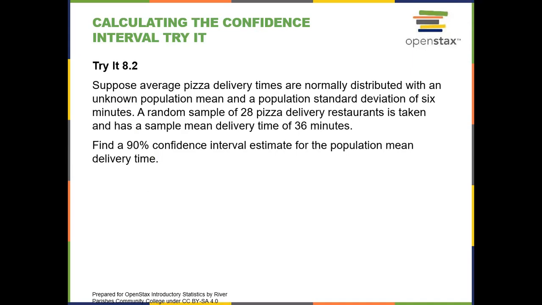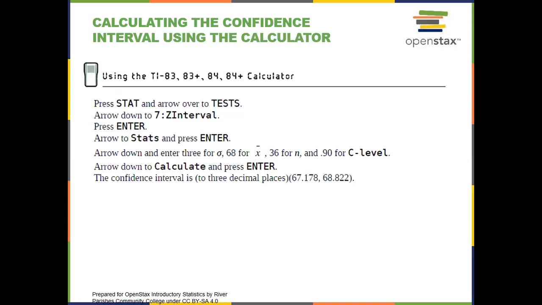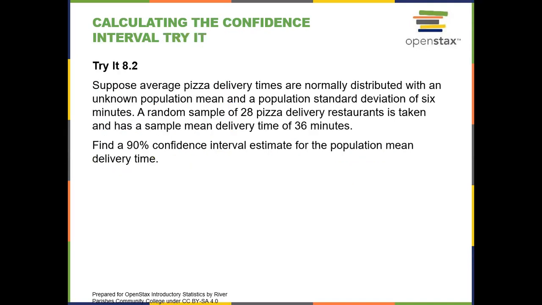So again, we go to stat, test, and we go down to number 7, which is Z interval, and input data. Our sigma is the population standard deviation of 6 minutes. Our x bar is taken from our sample. Our sample size n is 28.